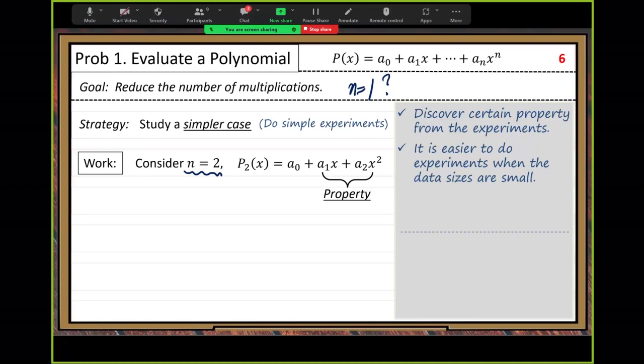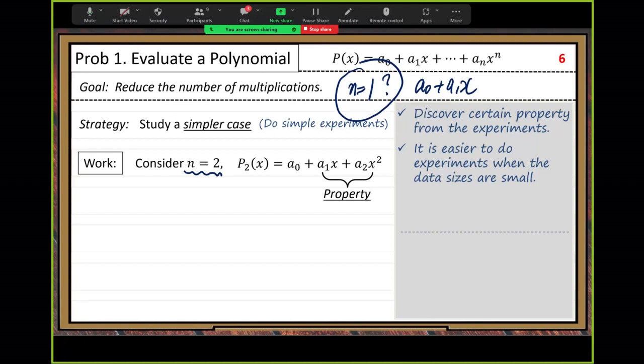If we go back to n equals 1, you can see you cannot find a common factor, because you only have a0 plus a1x. You cannot see any common factor. But if we choose the n equals 2 case, then we can see the common factor in the last two terms.